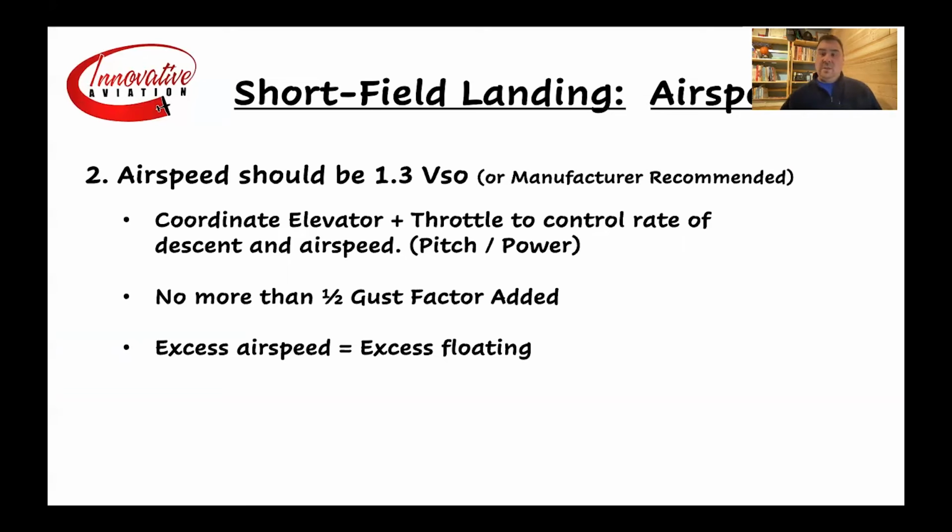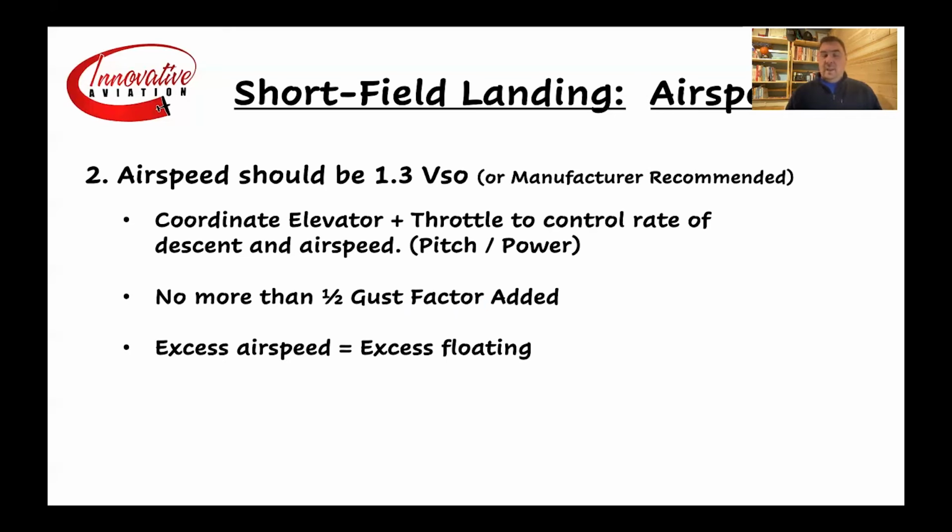So it's the stalling speed of your aircraft when you have the flaps out and your gear down. The particular airspeed that's recommended for a short field landing is 1.3 times VSO, or whatever the manufacturer's recommended airspeed is within your POH for this particular operation. So that's the airspeed you're aiming for.